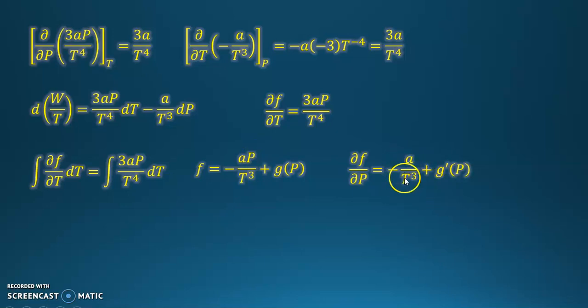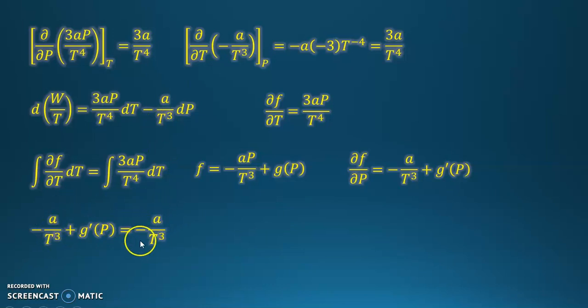So for that we have only this term. And the partial derivative of g of p with respect to p is equal to g prime of p. So now we know that this part must be equal to the coefficient that we have in the p. Let's go to do that. So this part must be equal to minus a over t cubed.